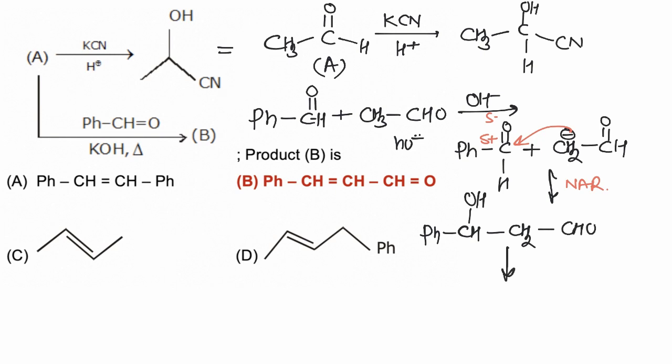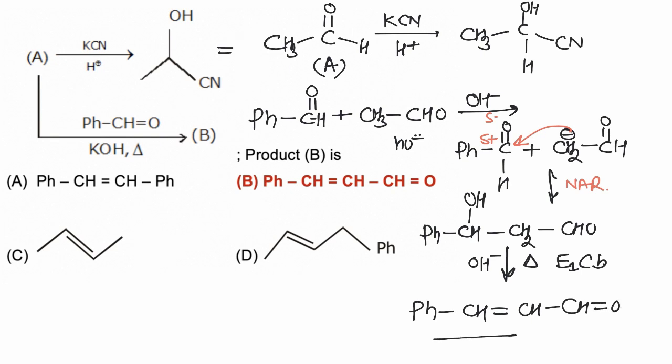Now this molecule is a beta hydroxycarbonyl compound, and a beta hydroxycarbonyl compound on heating in presence of base removes a water molecule via E1cB mechanism. So Ph CH=CH CH=O is formed as the final product, and hence the correct answer is B, an alpha beta unsaturated carbonyl compound is formed.